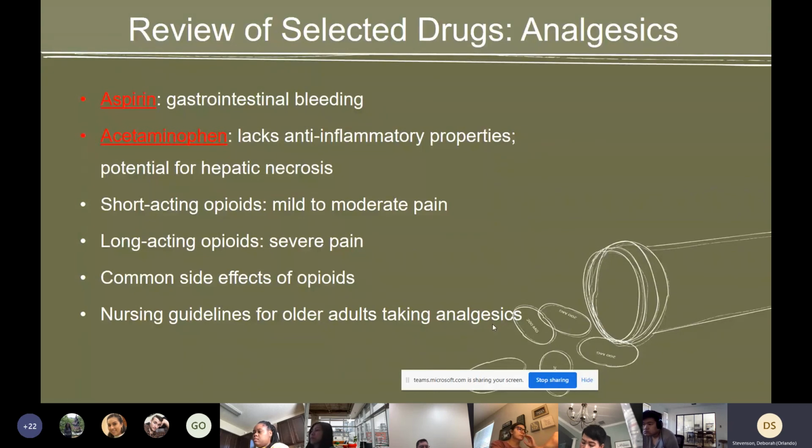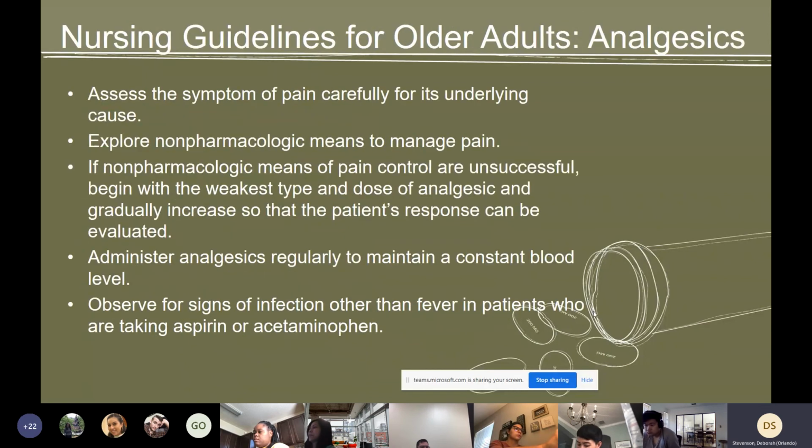And remember that we have to be sure that we are teaching our patients about how to use these medications. So let's talk about some of the guidelines of what we might teach. Of course, with analgesics, you always look at the pain. If there's something else that we could do as a nurse, non-pharmacological, that would be awesome, because that's what we want to try to do. Try to do something that's non-pharmacological to help relieve some of that discomfort and pain.